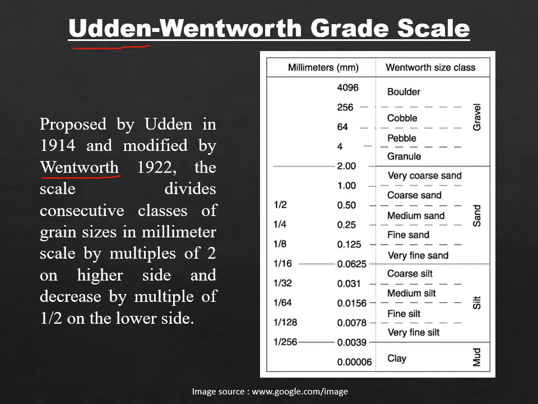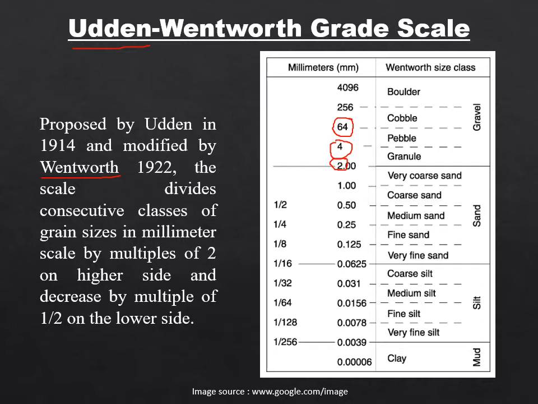they always use standard divisions or classes which are multiples of 2. Here you can see 2, 2 to the power 2 is 4, 2 to the power 6 is 64. So always these are multiples of 2, and in the finer portions these are multiples of half. So 2's half is 1, 1's half is 0.5, 0.5's half is 0.25.